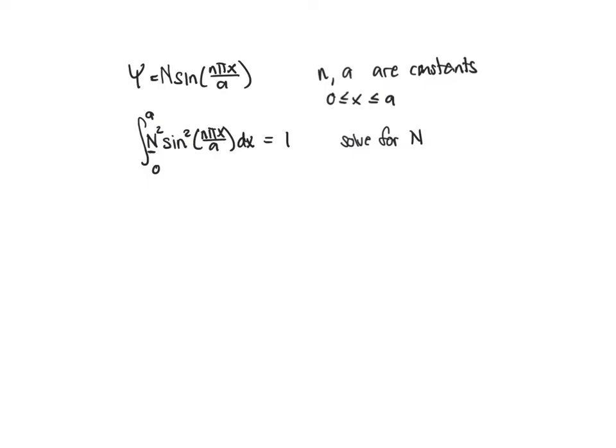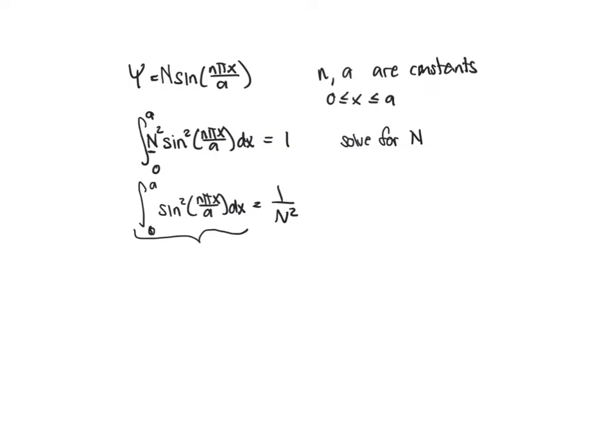Okay, since n is a constant, n can come out of the integral. So integrating from 0 to a, sine squared n pi x over a dx is going to equal 1 over n squared. I just took all my constants over to the other side so I can focus on what is the value of this integral.